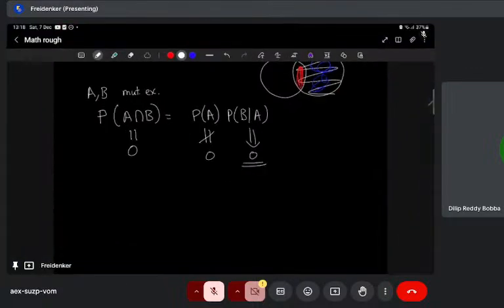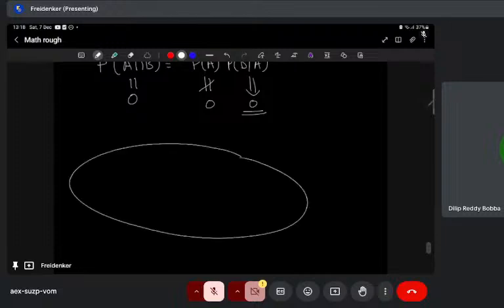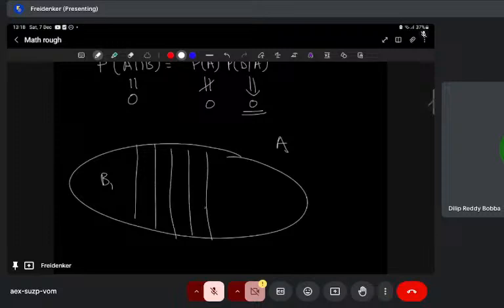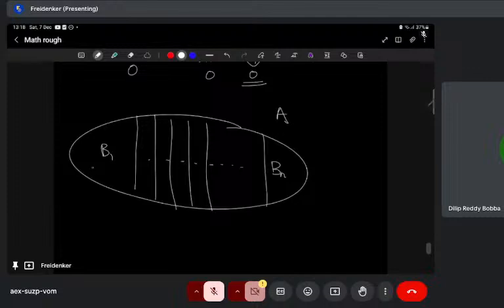There is some event A. Within event A, you have different partitions, let's say B1, B2, B3, until Bn. So you have many, many partitions. And we know that if you take the union of all Bi's, you will get your event A.